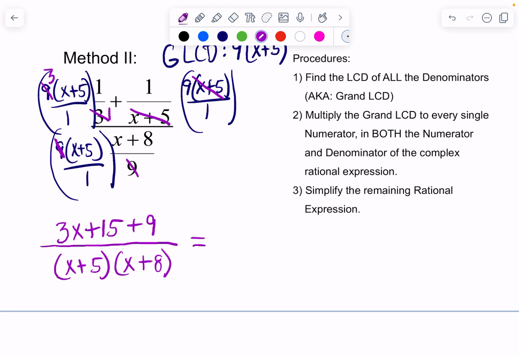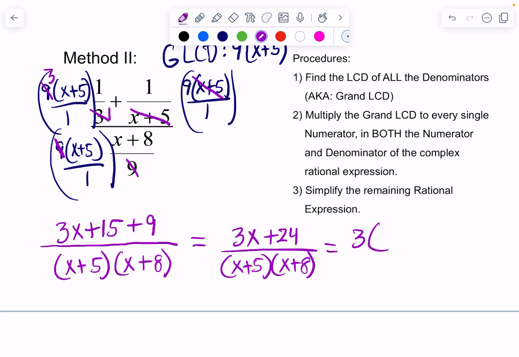I'm going to simplify here, combine like terms, giving me 3x plus 24 over x plus 5 times x plus 8. Going to factor out a GCF of 3, leaving me with 3 times x plus 8 over x plus 5 times x plus 8.